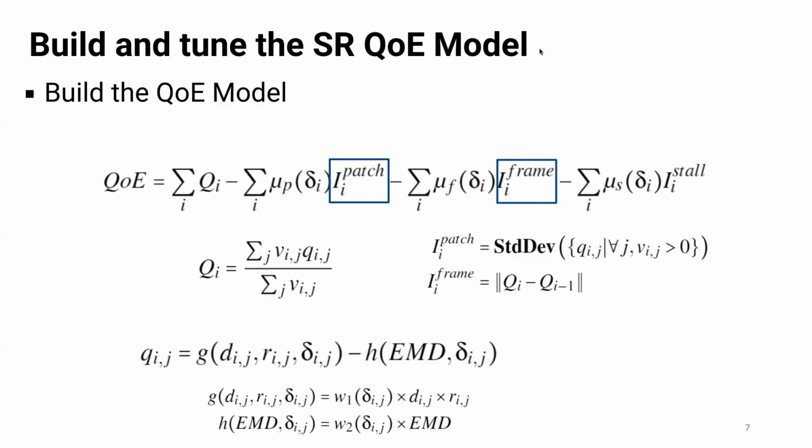And I-frame is just the difference between the quality of the previous frame. And stall here is just considering that this is for the transmission task. So if a stall occurs, then you get a negative quality of experience.